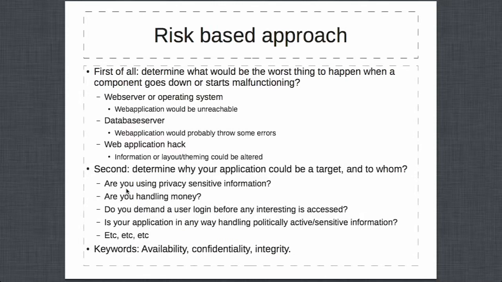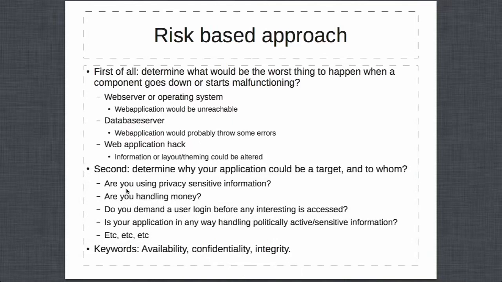Database server, that is more severe. If that gets compromised in any way, your information gets altered, and altered information could considerably mean problems in your supply chain, problems in the actual flow of the application. So that is a different type of risk.